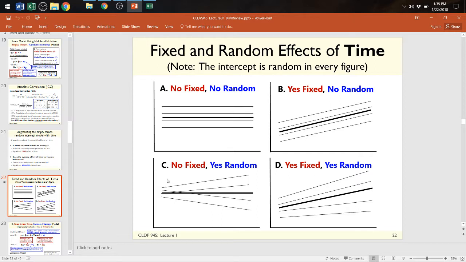For instance, if I had the intercept at the beginning here in picture C, I may have a very small intercept variance because it's conditional on wherever time 0 is. If I put time 0 out here, the intercept variance would be much larger. So variance changing over time is a hallmark of random effects of time.